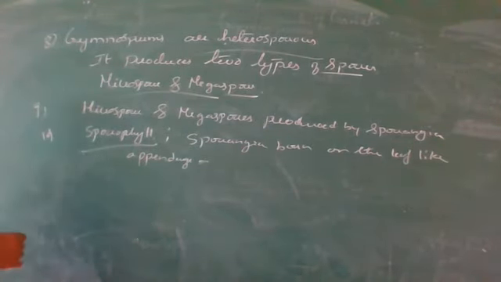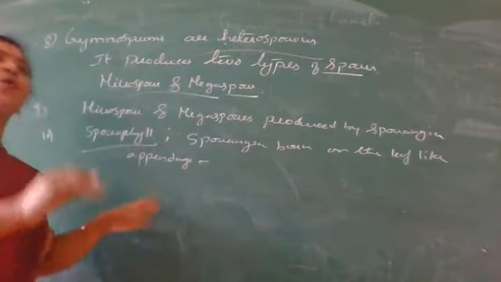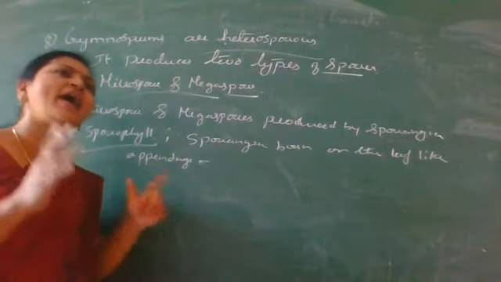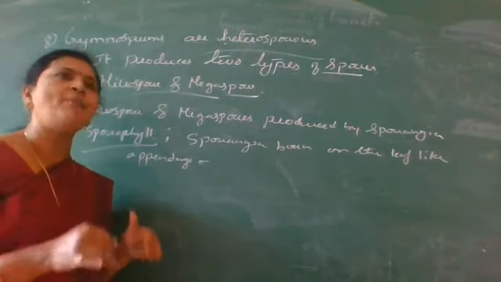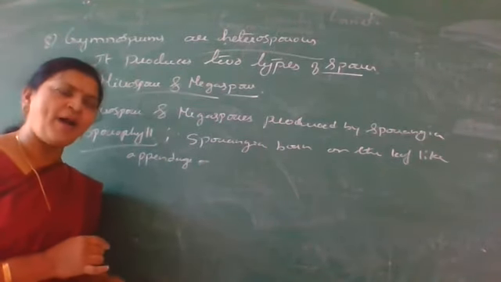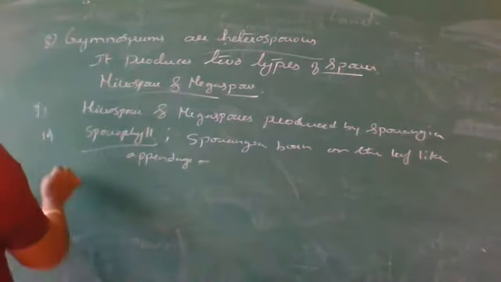Microsporangia are borne on a leaf-like appendage called microsporophyll, and megasporangia are borne on a leaf-like appendage called megasporophyll. These sporophylls are aggregated to form a compact structure called a strobilus, or cones.